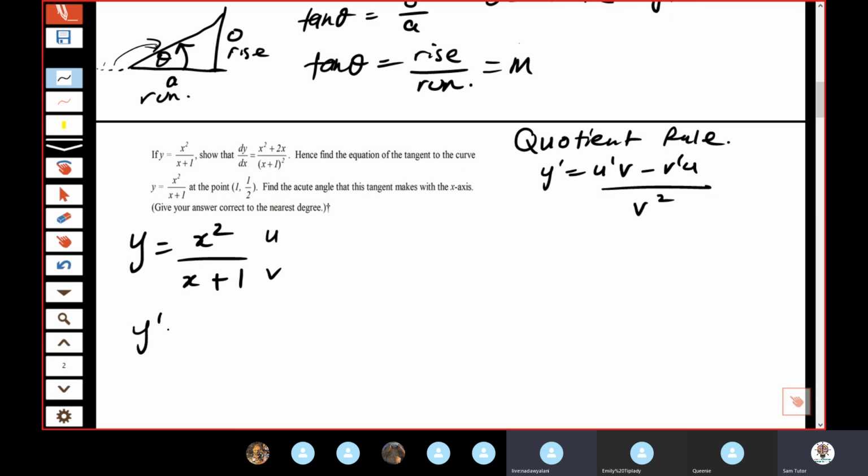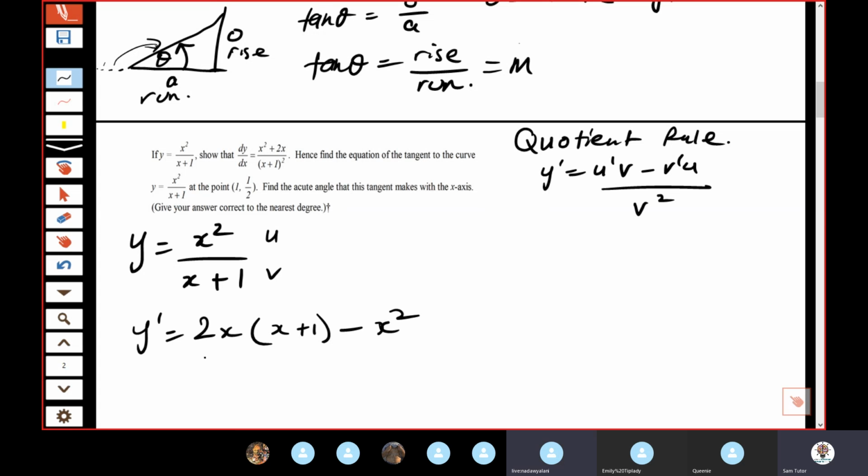So y dash or dy on dx is the same thing. U dash: what's the derivative of x squared? 2x, times V, x plus 1, minus V dash, the derivative of the bottom, just 1, times x squared. Beautiful.